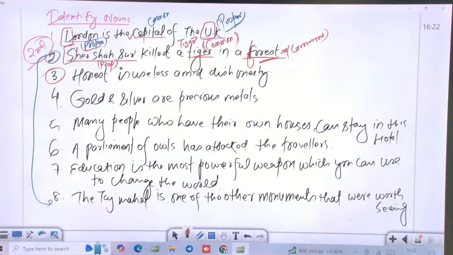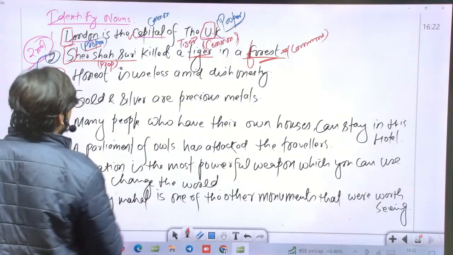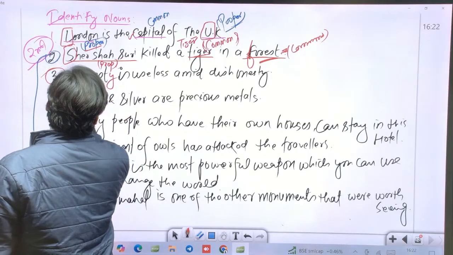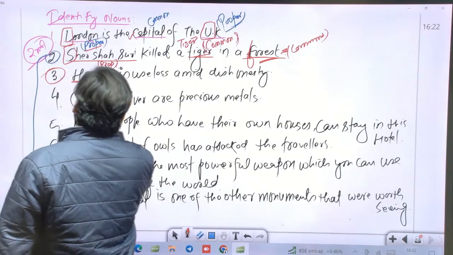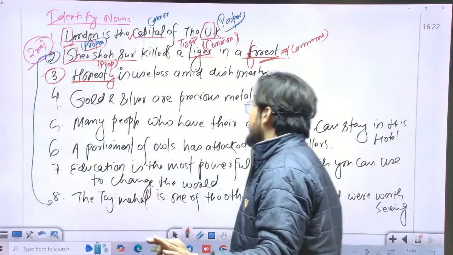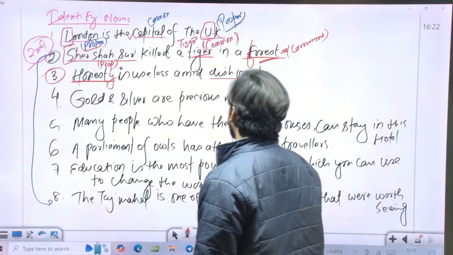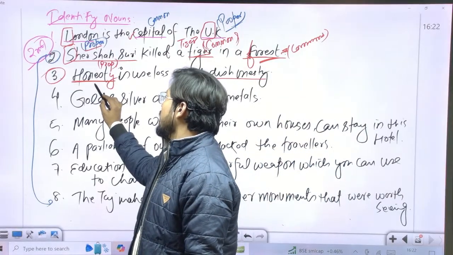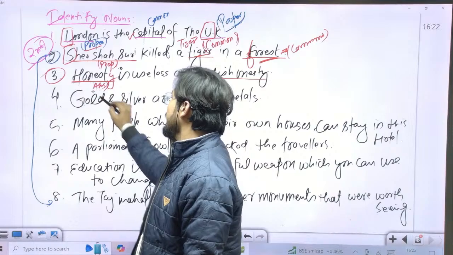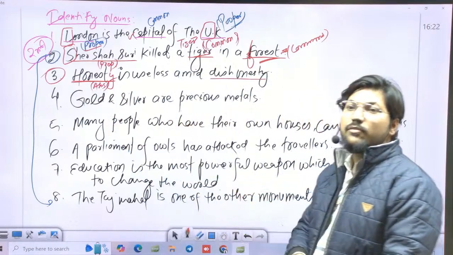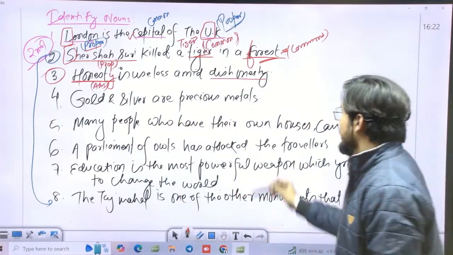Question number 3. Why I have written honest? It must be honesty. Sorry, I jotted down honest. Honesty is useful amid dishonesty. Honesty is your abstract noun, which cannot be seen, felt, smelt, or tasted.